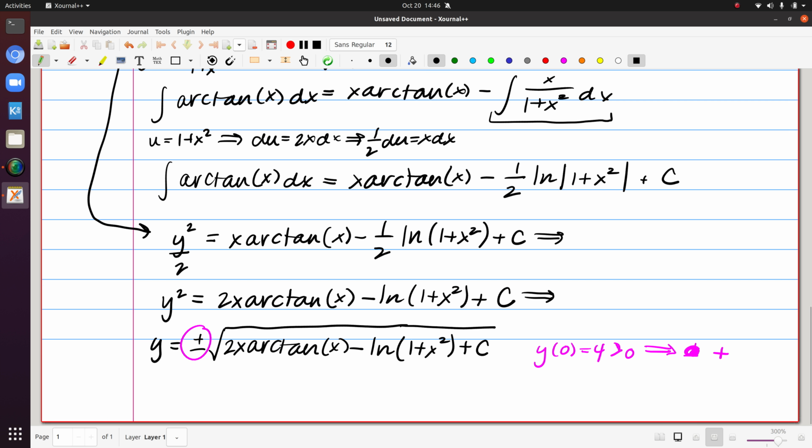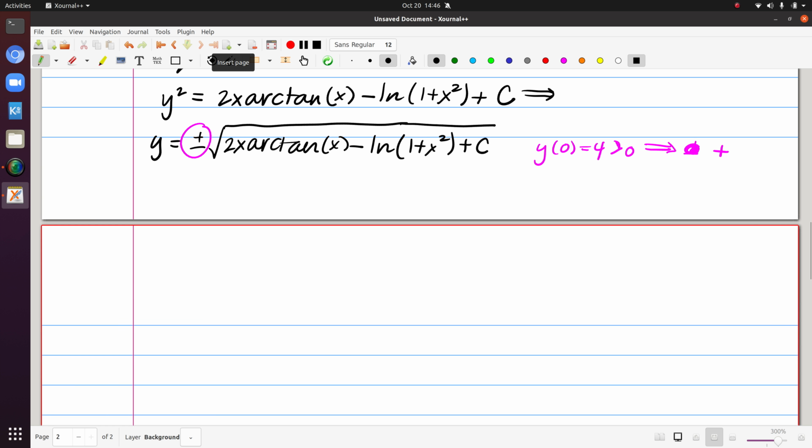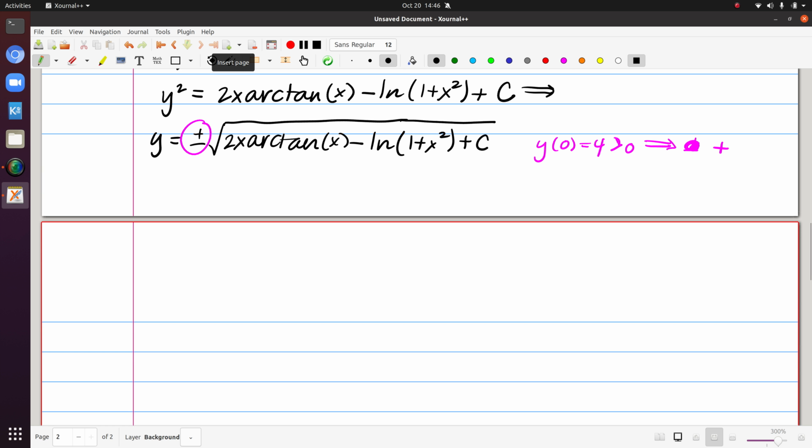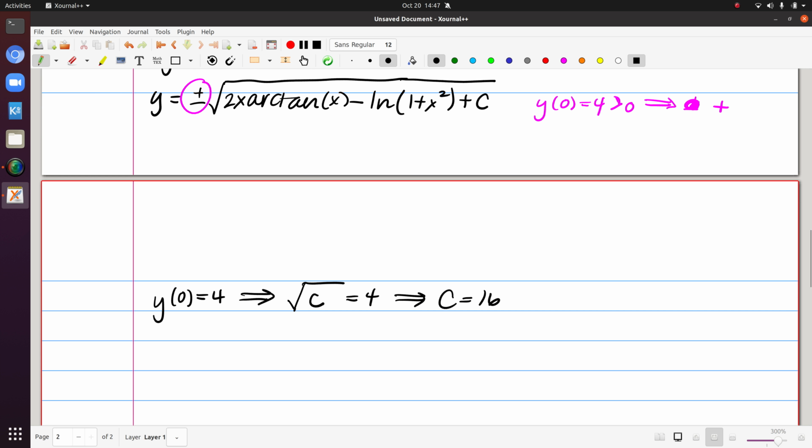So now to find the value of c, knowing that y of 0 is 4, we're going to be able to say that when I plug in 0 for x, notice that we're going to get the square root of 0 minus the natural log of 1, which is 0. So we're going to get square root of c. And we're saying that the square root of c is 4. So if we square both sides, we're going to get that c has to be 16.